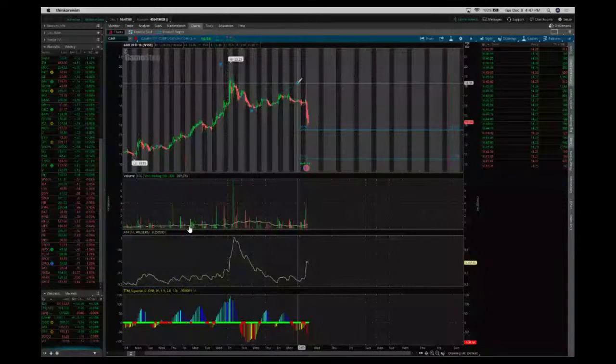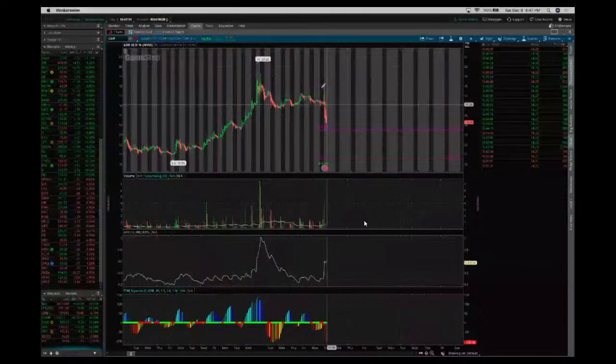You guys see that? It actually matches. So you can use that as a reference for support on GME. Again, the distance from this point to this point is the same distance from here to here. So let's do Chewy, for example, Chewy.